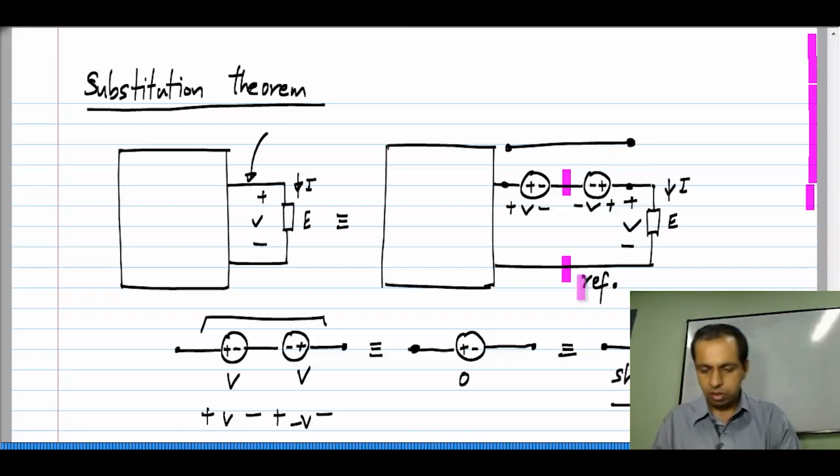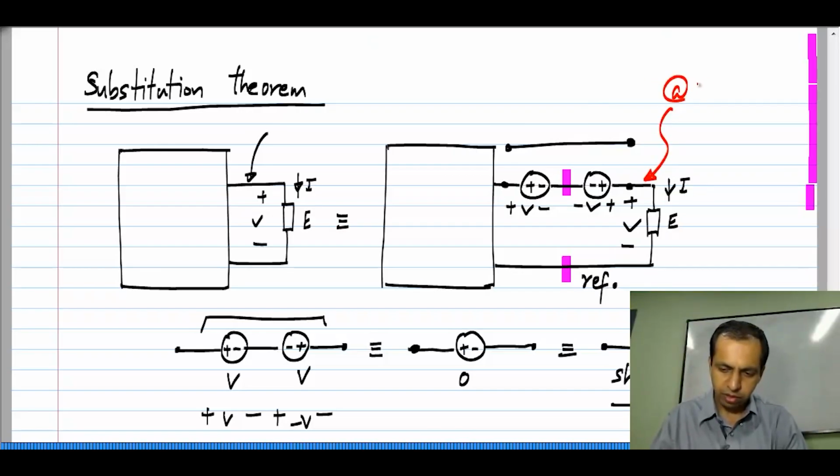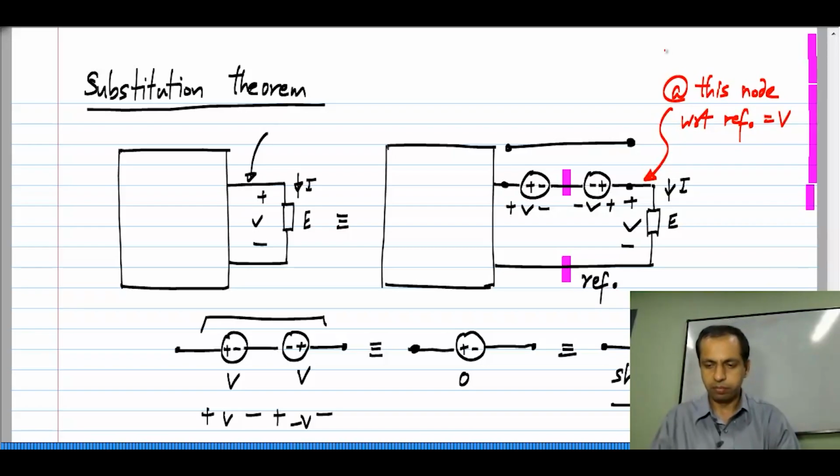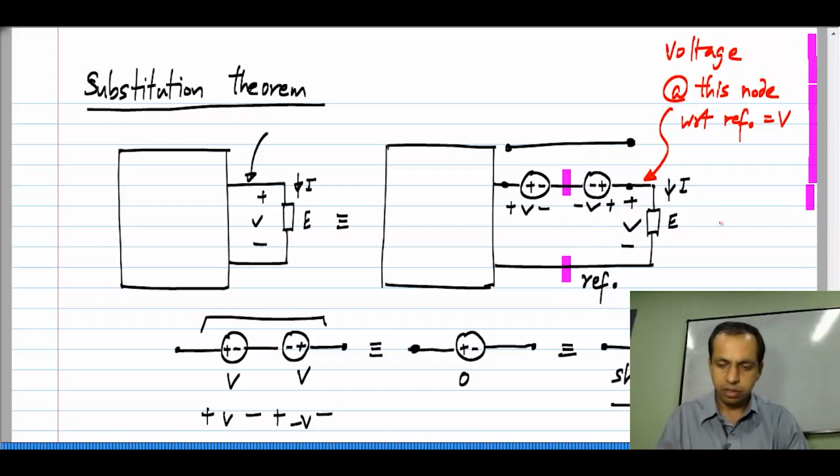With respect to this reference, the voltage at this node, which I will show in red, is V, because from here to there you have a potential rise of V, and from there to there you have a potential fall of V.